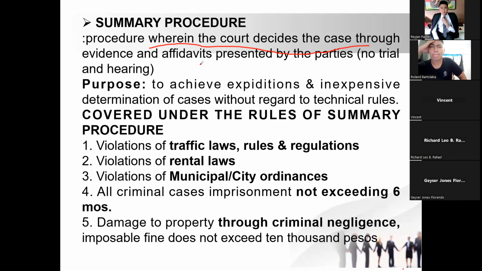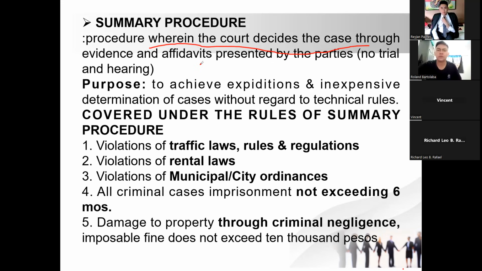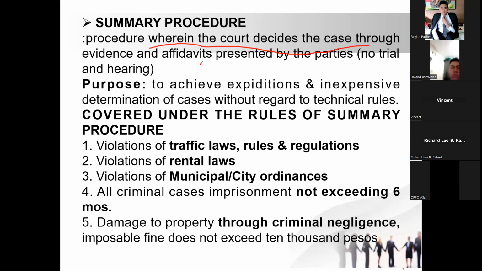So of course, we have the two parties in the criminal case. We have the defense party, and of course, we have what we call the prosecution party. So pag sinabi natin defense class, ibig sabihin, of course, yan yung part ng accused, di ba? Then of course, ang prosecution party, yan yung part ni victim natin. So ang summary procedure class, walang mangyayari na trial and hearing.